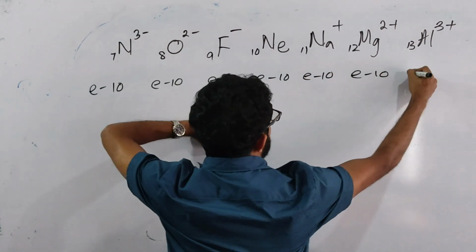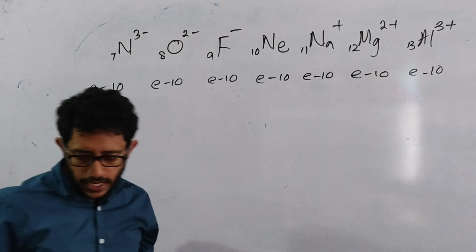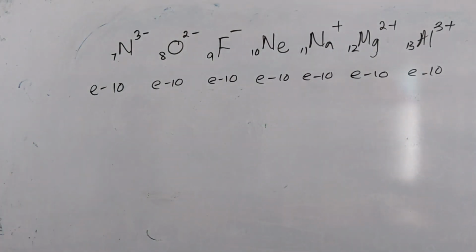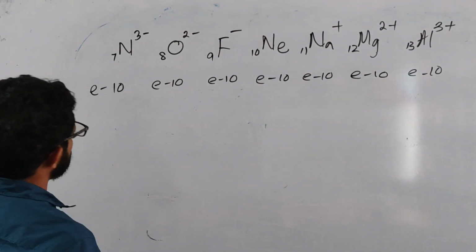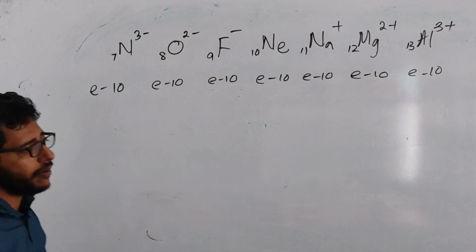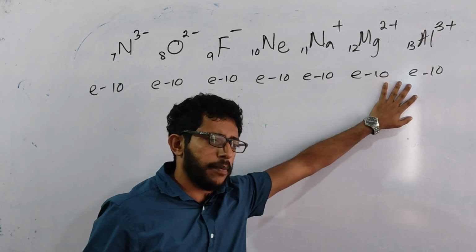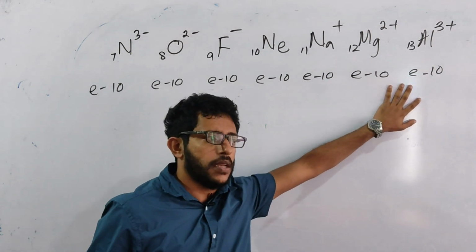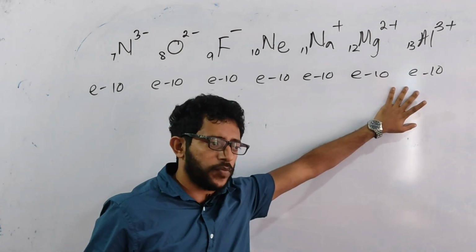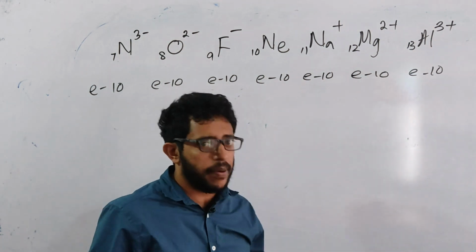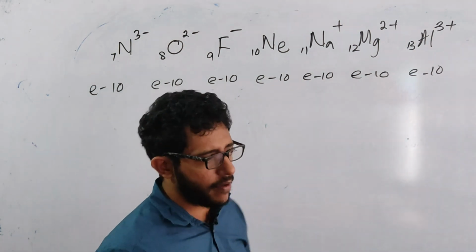the same number of electrons. Having the same number of electrons doesn't mean that they have the same radius. Why? We have to consider their protons as well. Same number of electrons means they have the same shielding effect, because electrons are filled in a similar way. But again, we have to think about the nuclear attraction as well.